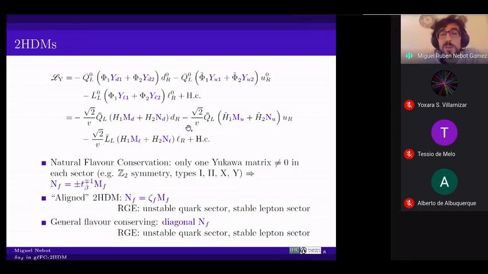You have to care about flavor changing couplings. And natural flavor conservation, as put forward by Glashow and Weinberg in 77, isolated a simple recipe to eliminate flavor changing couplings, which is through, for example, those two symmetries, and this gives rise to these type 1, 2, X and Y two Higgs doublet models.